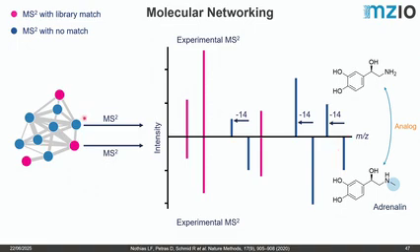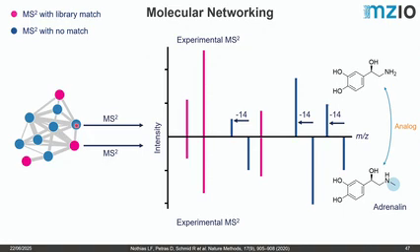And then these spectra look similar, either because they have exactly the same signals or because they have the signals shifted by the precursor mass difference. And then we can basically build a network, and we would know, for example, this compound down here is adrenaline, and this one we didn't directly identify, but we know it's really similar. And this already gives us a lot of information.